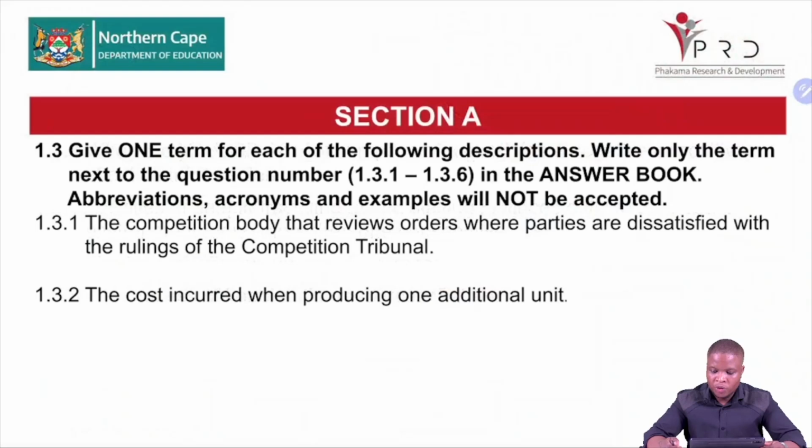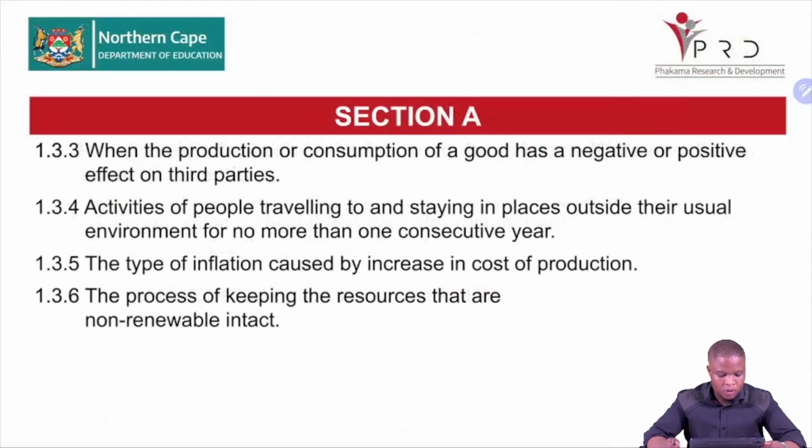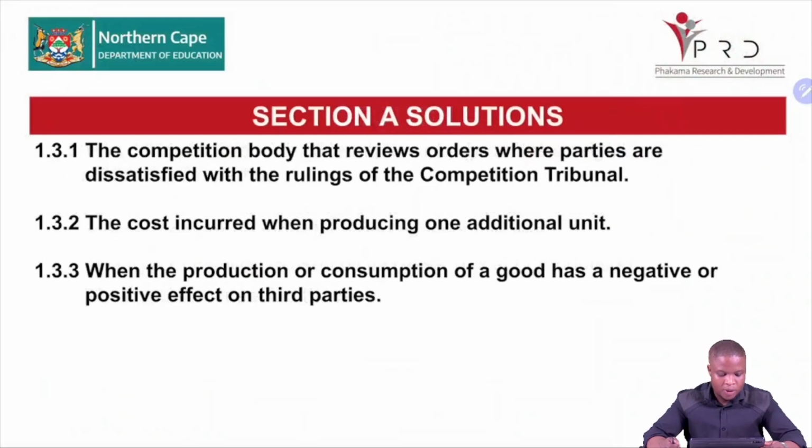Right, grade 12, thank you so much. Let's look at our responses. The competition body that reviews others where parties are dissatisfied with the ruling of tribunal. So you have 3 bodies: competition commission, you have tribunal, and we have the appeal court.